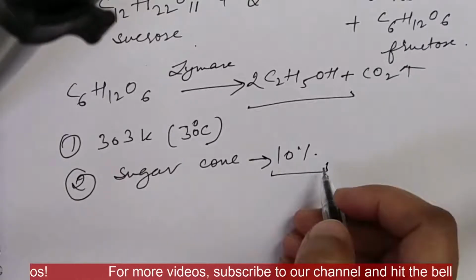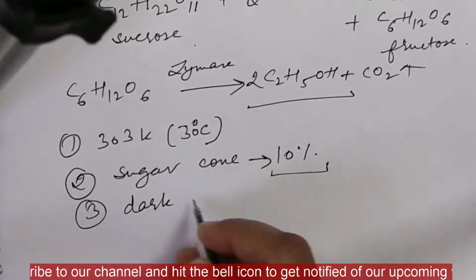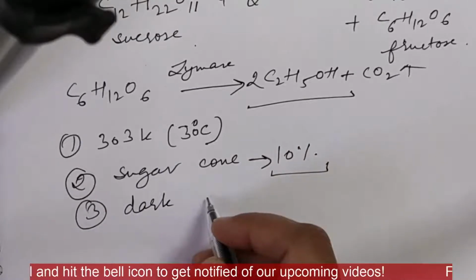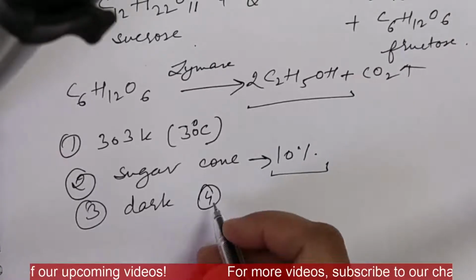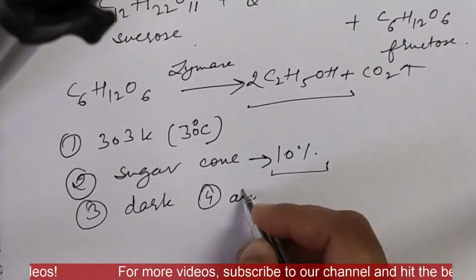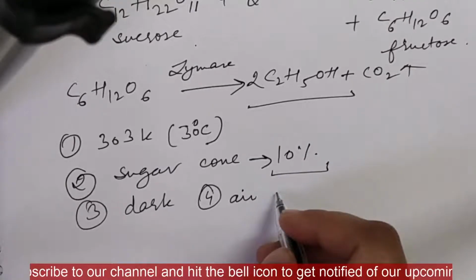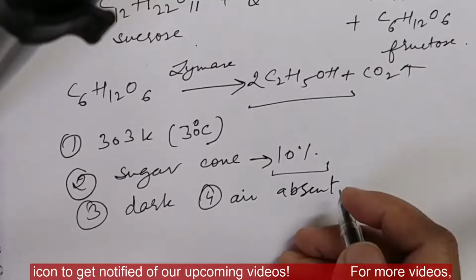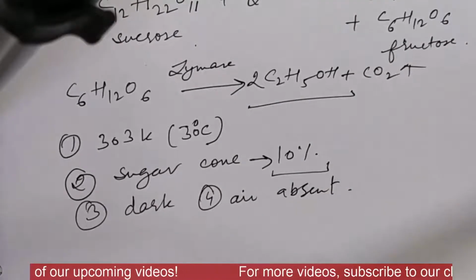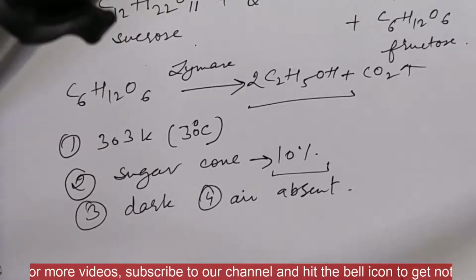The process must be carried out in dark conditions, light should not be there. Fermentation should be carried out in the absence of light, and air should also be absent. If you provide these conditions for the process of fermentation, the ethyl alcohol will be manufactured.